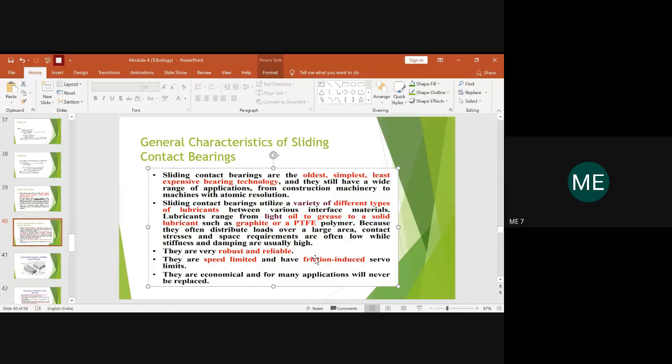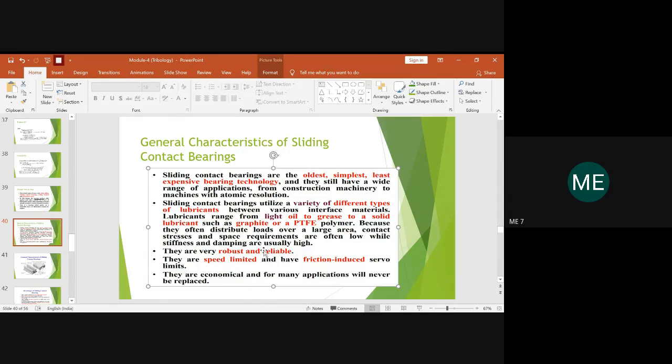This happens when it goes for a higher speed. So it has a limitation and a safe specific speed within which the sliding contact bearing could be run safely with reduced friction, and hence it is claimed to be very reliable in nature.